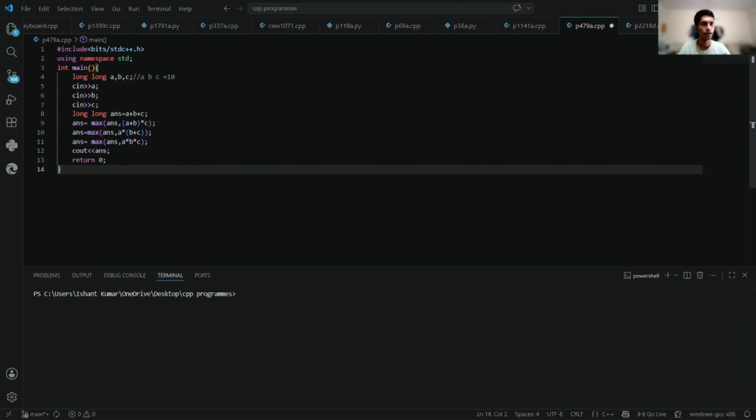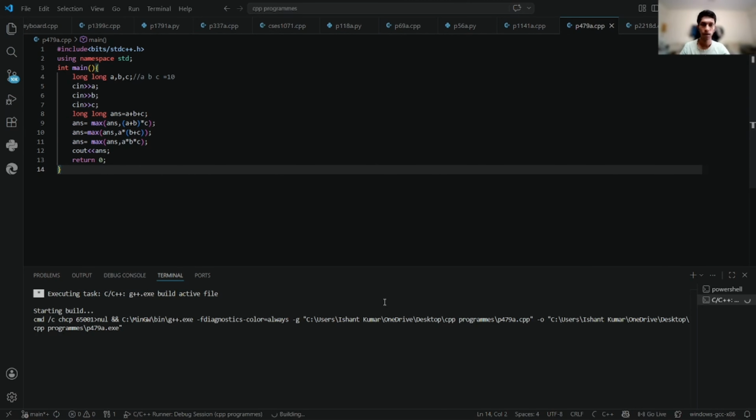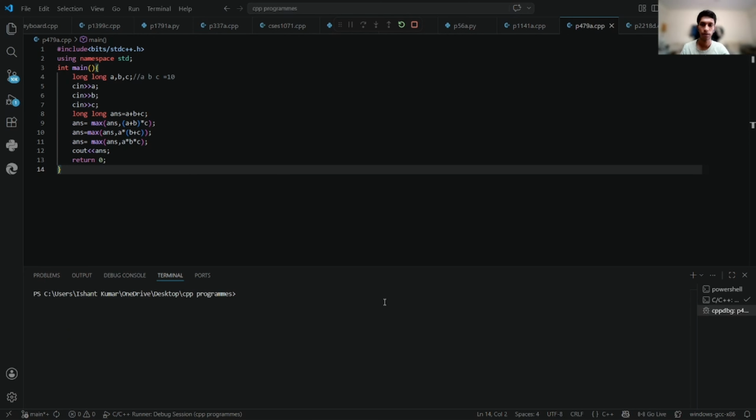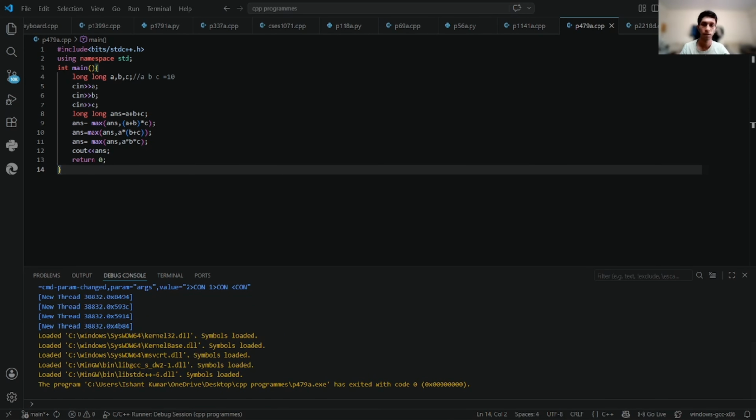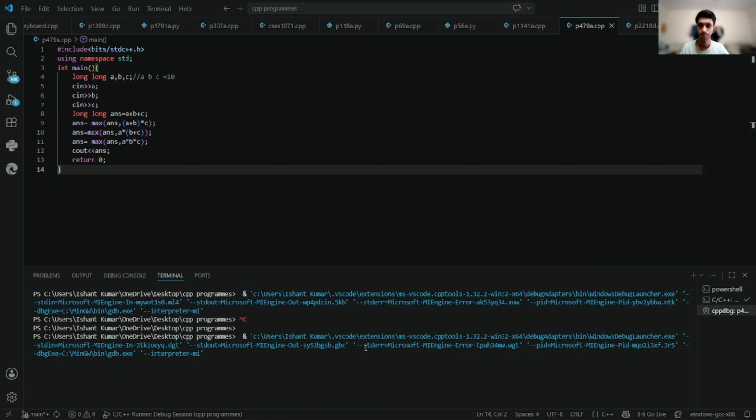So let's run this code and check if our code is correct or not. Let's see. So let's take the first test case, which was 1, 2, 3.